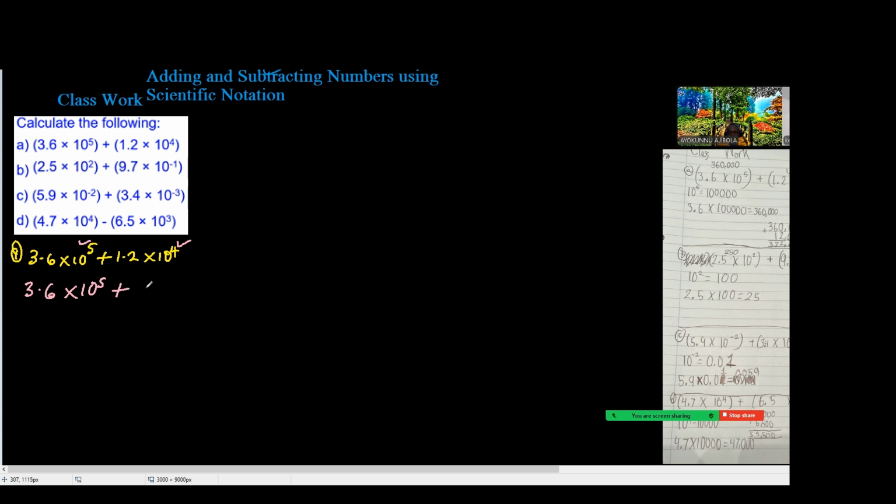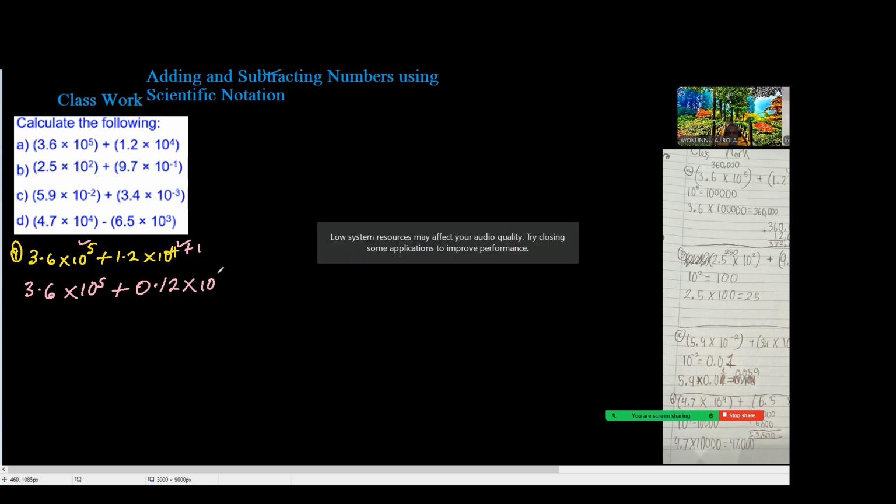Then plus the other one, I want to add 1 to this power. If I'm adding 1 to the power to become 5, then I must reduce the value of this number. That means it's going to be 0.12 times 10 raised to power 5.